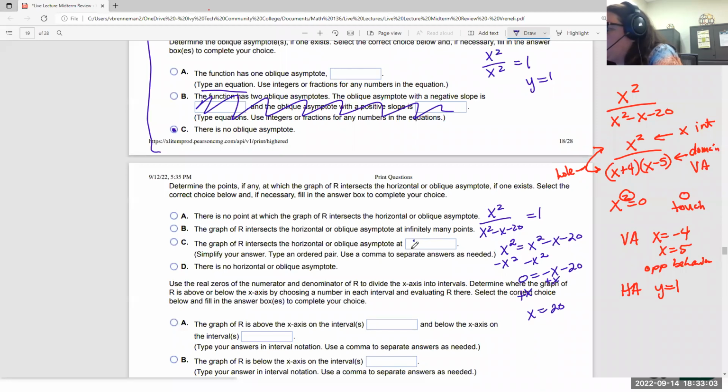So there is an intersection. x coordinate of 20. What's the y coordinate? Well, we started out with saying y equals 1. We're looking at where it crossed the line y equals 1, so that's the y coordinate. If it was an oblique asymptote, you'd have to plug that x value back into the oblique asymptote equation to find the corresponding y value, or into the original function equation, because they'll both have the same result.